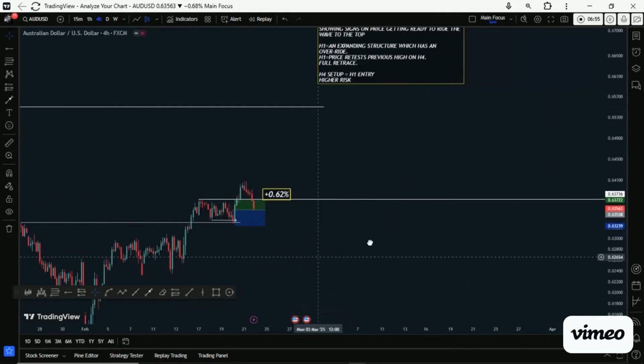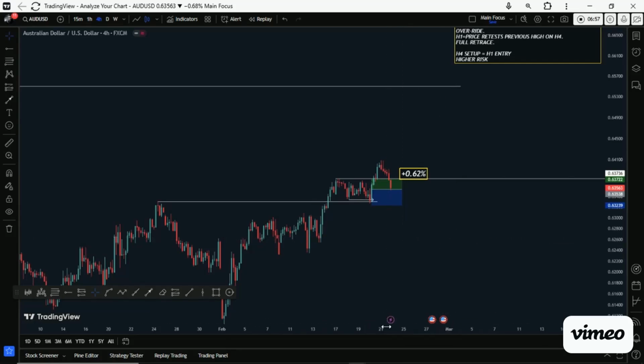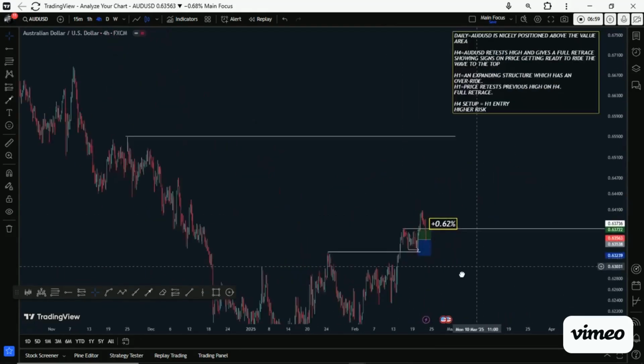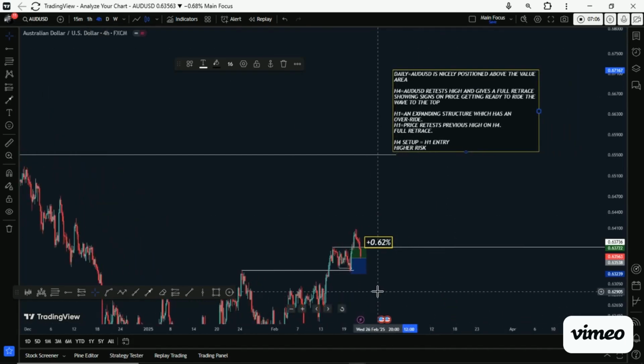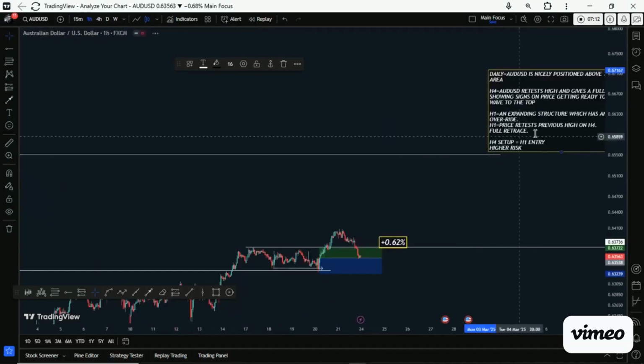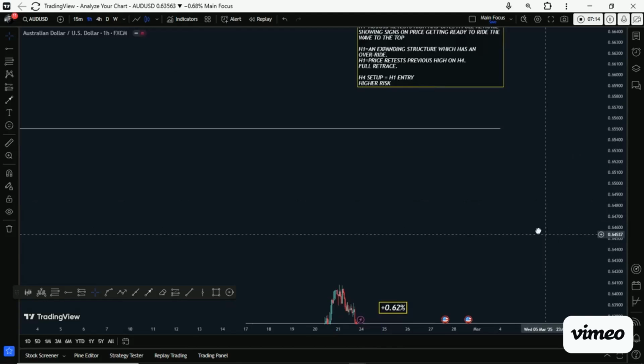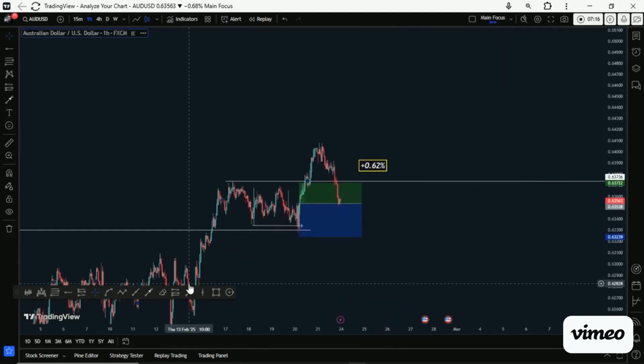So this is what we have. It retraces, so I joined the move within H1. The candle had not closed yet on H4, but the momentum was there that the bulls are in control as it retraces. So I had this structure of development within the trade.